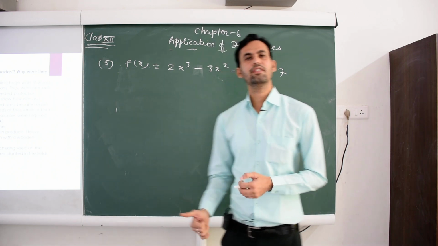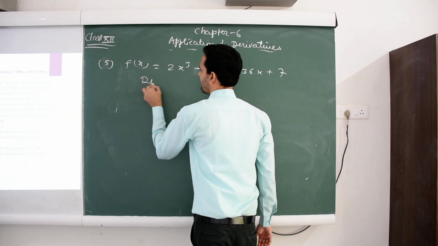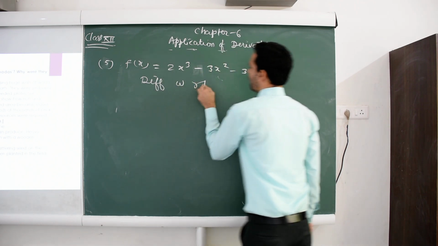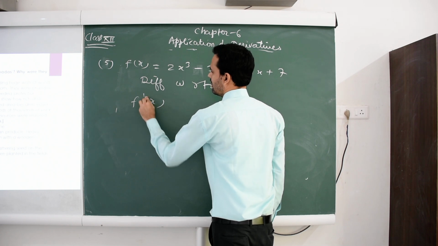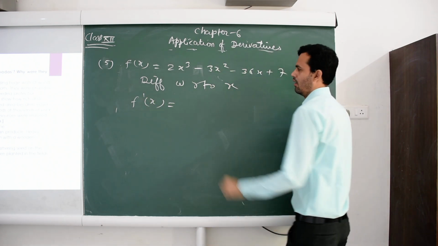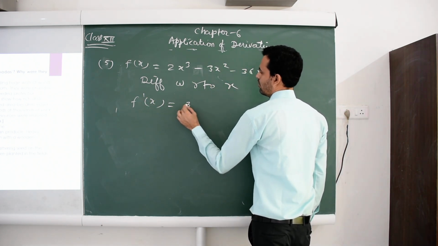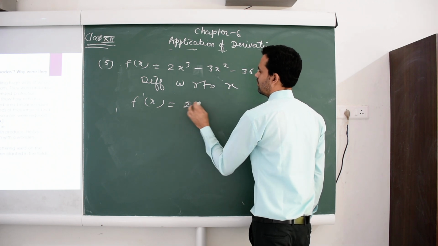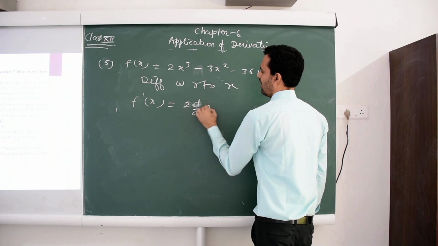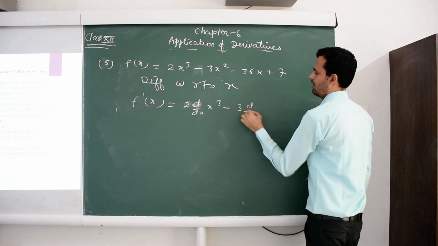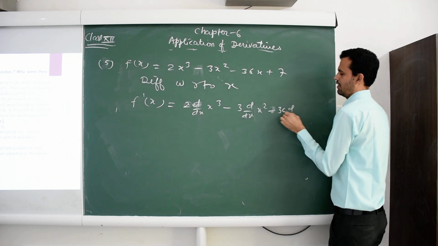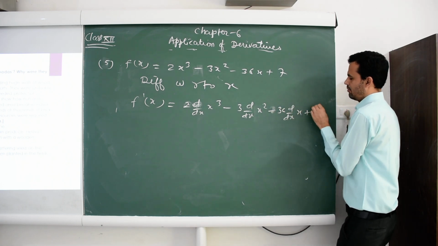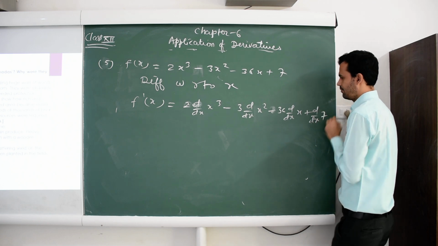So, first we differentiate it with respect to x. So, we get f dash x equals 2 d by dx of x cube plus 3 d by dx of x square minus 36 d by dx of x plus d by dx of 7.